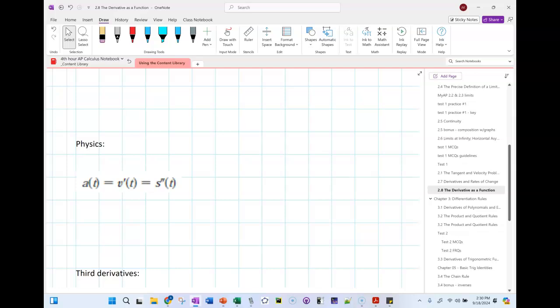Velocity is the derivative of position. Acceleration is the derivative of velocity, i.e. the second derivative of position.